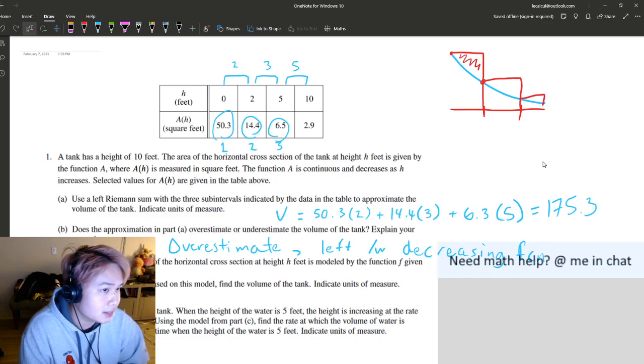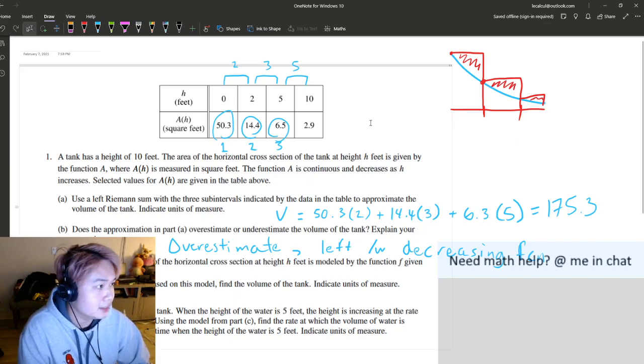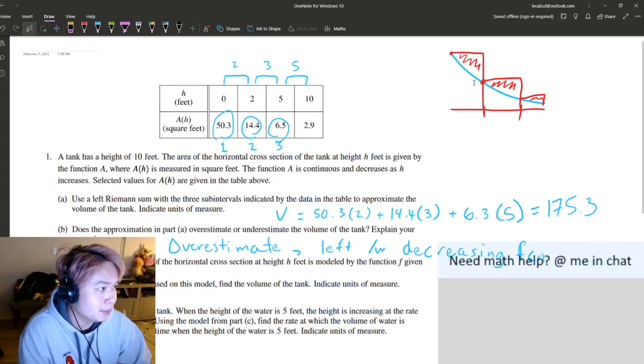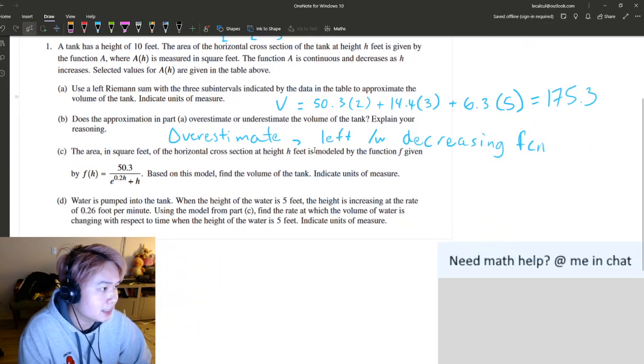So you see there's extra area in our rectangles compared to the actual area below the graph, so it's an overestimate.